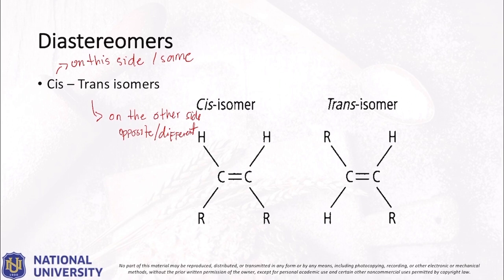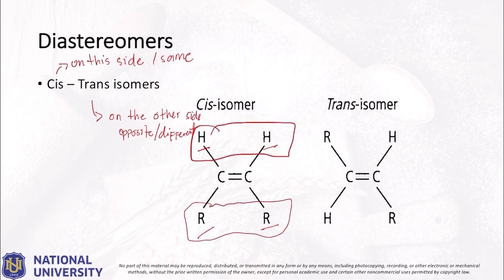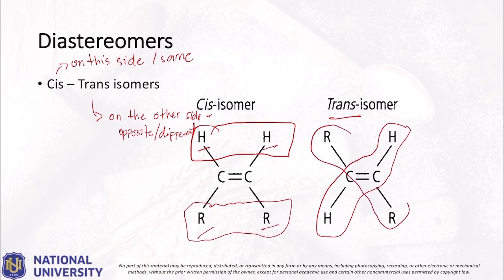Okay? So, cis isomers, as you can see here, yung hydrogen and yung hydrocarbons on the same side. That is cis. While kapag trans isomer, opposite. Pag ganyan, pa-X. So, pag ganito, kapag trans.